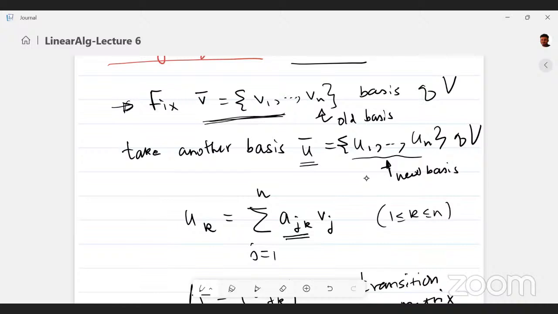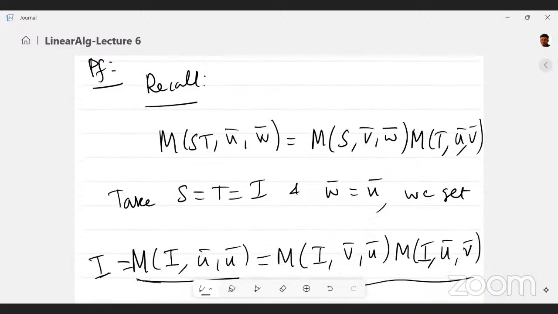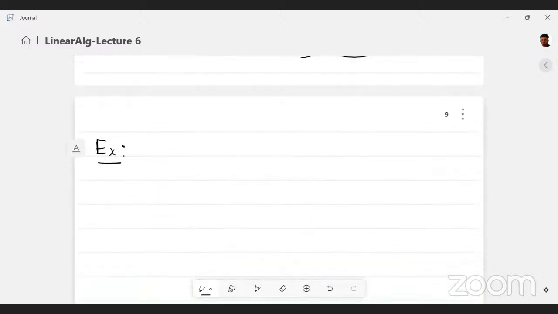So what do you think? It will form a basis, yes. So if you start with P, an invertible matrix, I already used the notation GLNF.